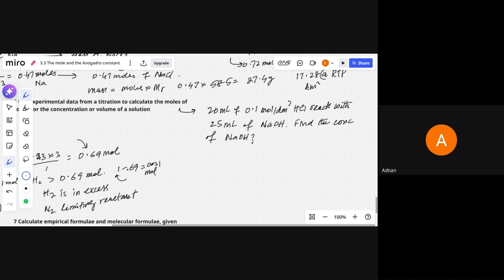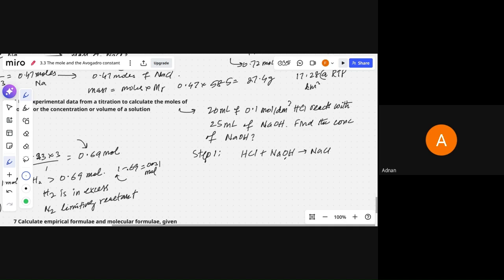Okay, so how do you solve this question? Step one: mostly the balanced equation is given. If not, you write it for yourself. HCl reacting with sodium hydroxide is a neutralization reaction, creating salt and water, a double displacement reaction.